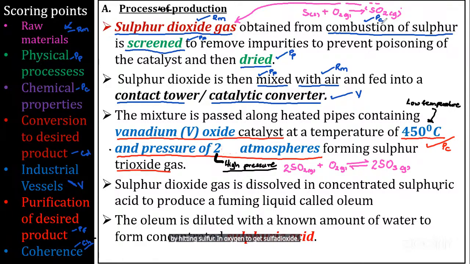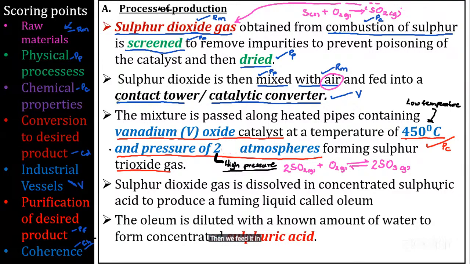Then what we do next is to clean this sulfur dioxide by screening it, which is a physical process. Then we also dry it.